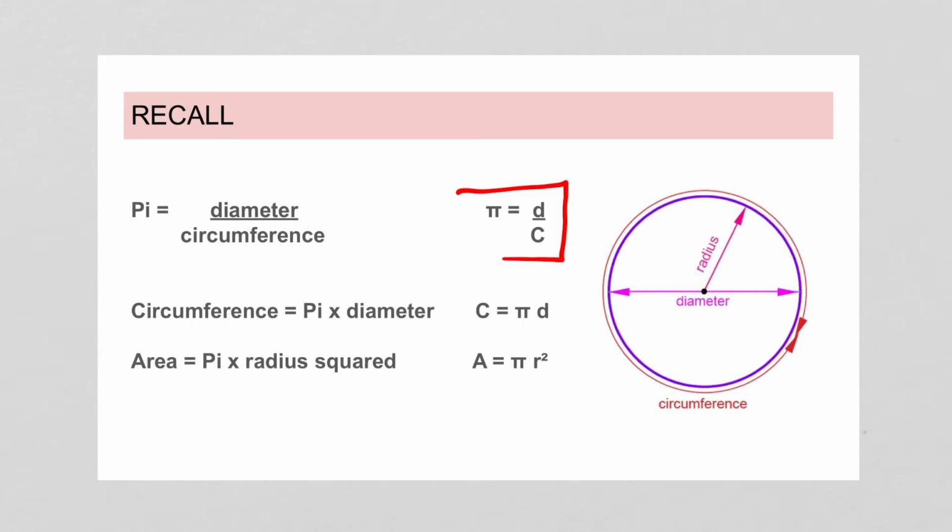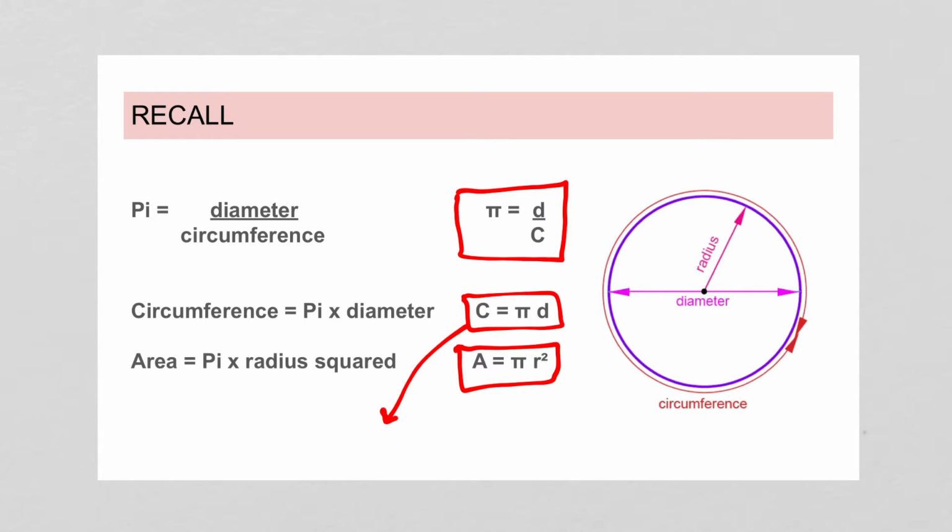We know that pi is equal to circumference divided by diameter. We know that circumference is pi times diameter, and the area is pi r squared. We learned the circle song where it said circumference is pi times diameter, area is pi r squared. So that's kind of a review of last week.